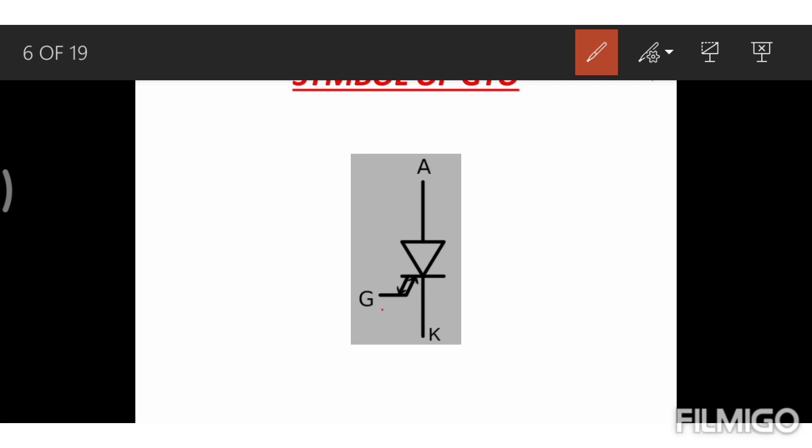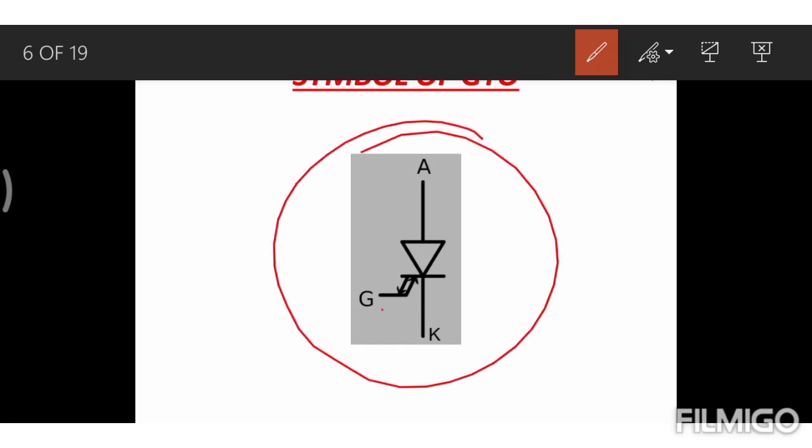This is the electrical symbol of GTO. Here it contains totally 3 terminals. One is anode, second one is cathode, and third one is gate. If you want to turn on and turn off this GTO, we have to apply pulses at the gate.